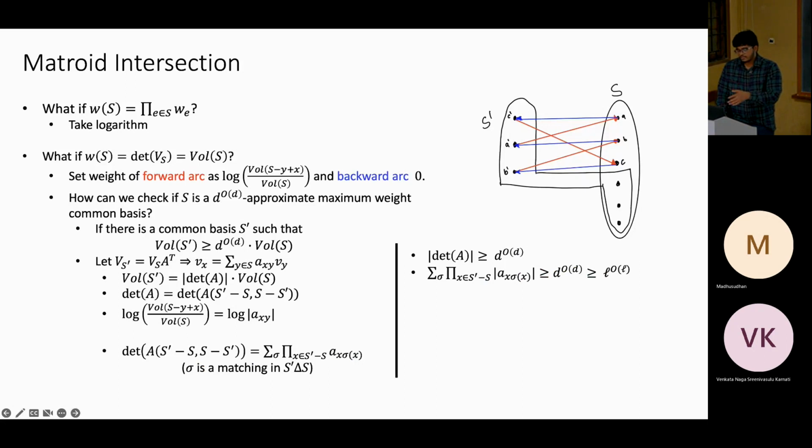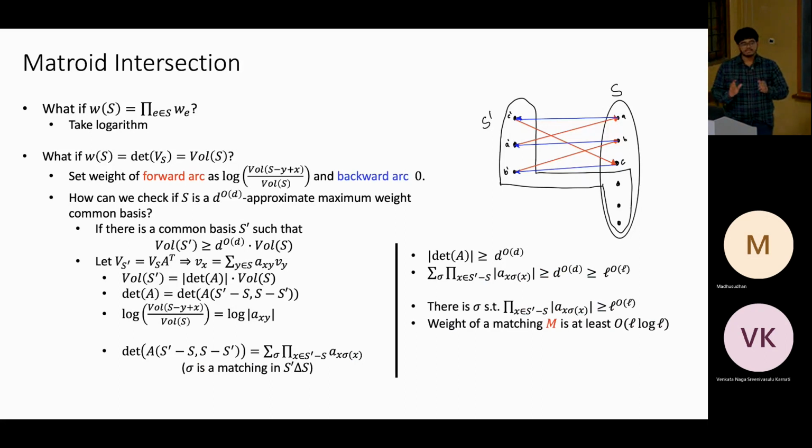If the determinant is large, in essence, there is a matching with high weight. Out of all the d factorial matchings, we are just taking one of them, so d to the order d still remains d to the order d. So basically, if the gap is so large, then one of the matchings has a lot of weight.